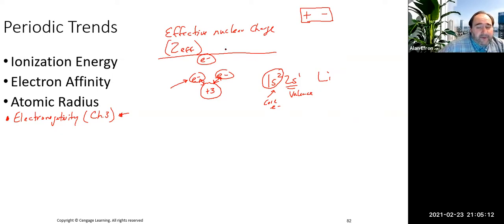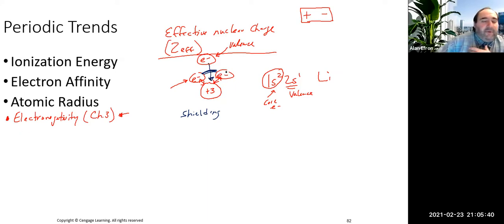But what happens to our third electron here, which is our valence electron, is that it is experiencing something referred to as shielding. And what does that mean? Well, it means it's got these two electrons in the way of it feeling the full force of that +3 charge.